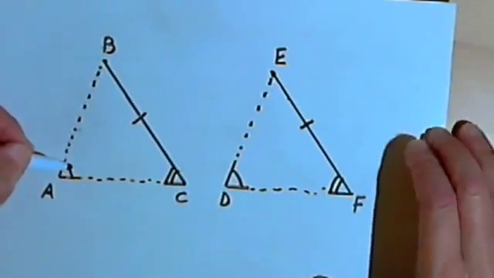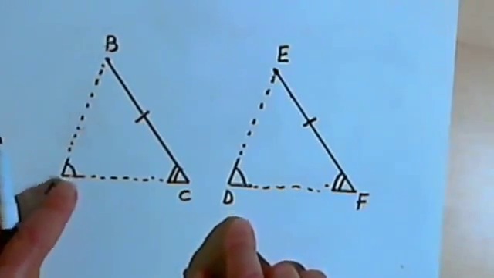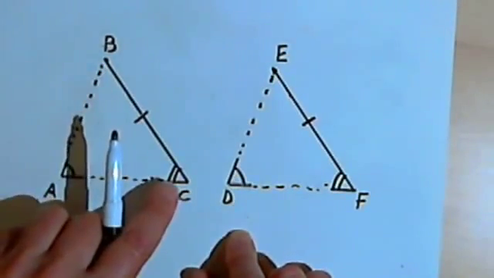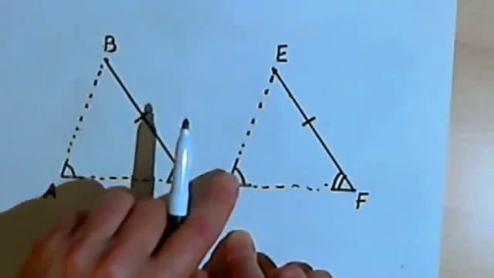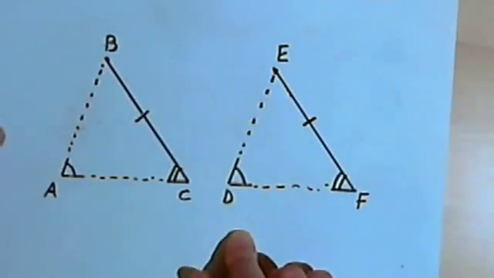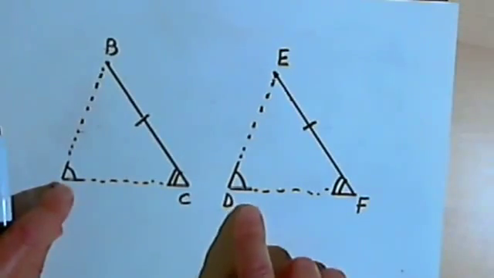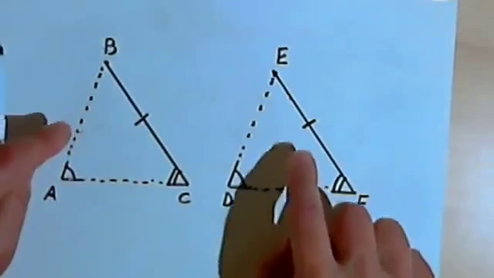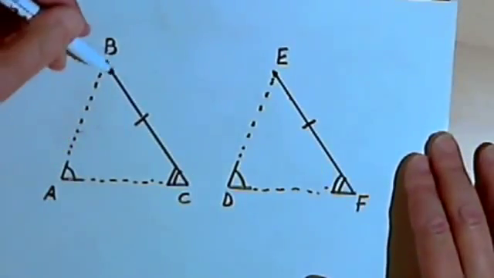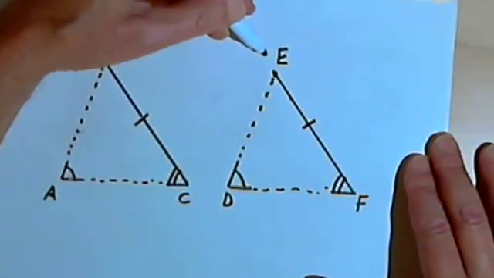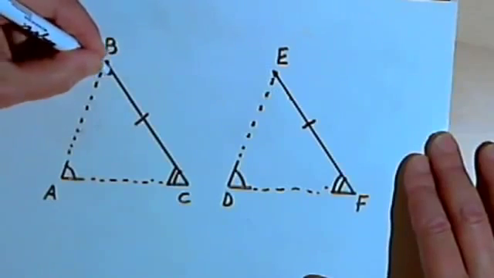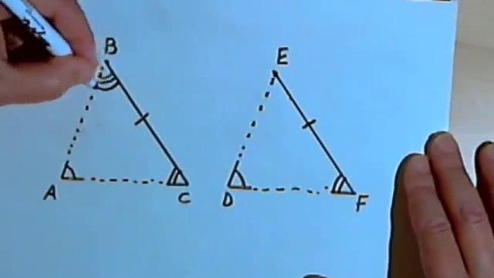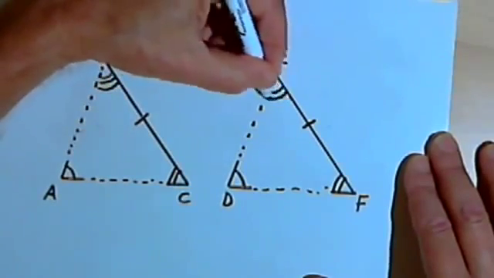Think about that in terms of angle A and angle B and angle C have to add up to 180 degrees, and angle D and angle E and angle F have to add up to 180 degrees. If A equals D and C equals F, and the sum in both cases is 180 degrees, then B has to equal E. So I know that angle B is going to be congruent with angle E.